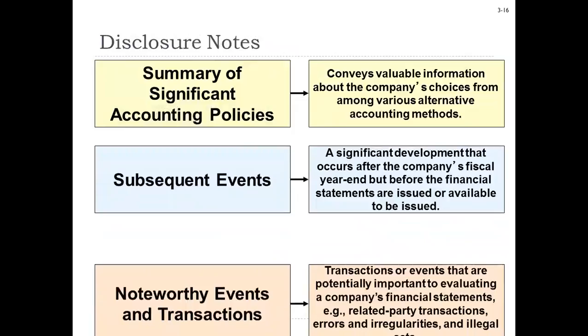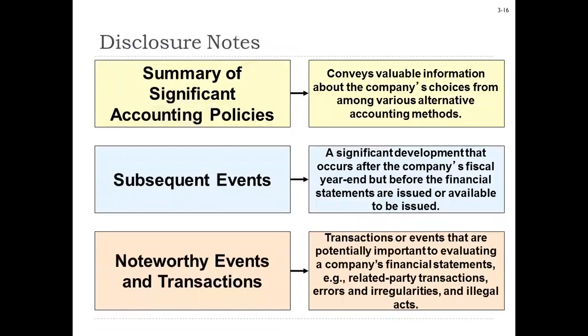Okay, the second major topic in this chapter is disclosures, sometimes called footnotes. These are explanatory statements after the financial statements that expand on or explain things that are in the financial statements.